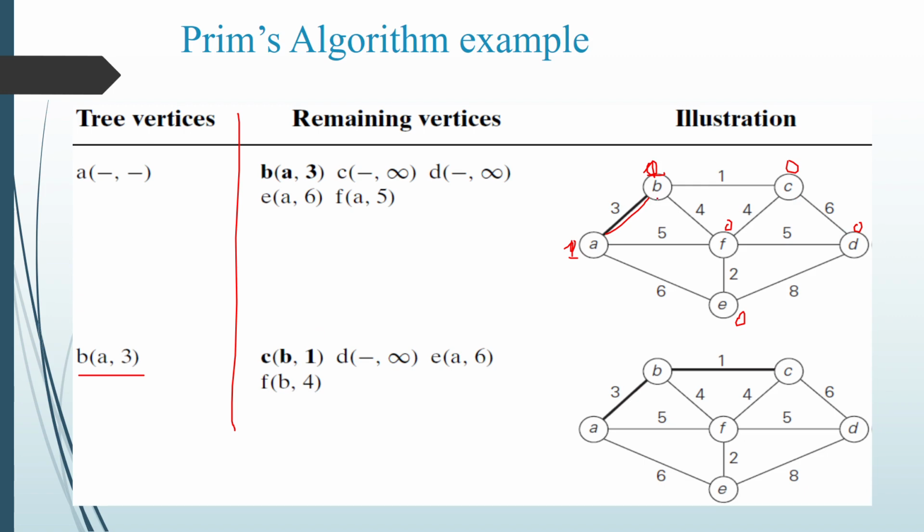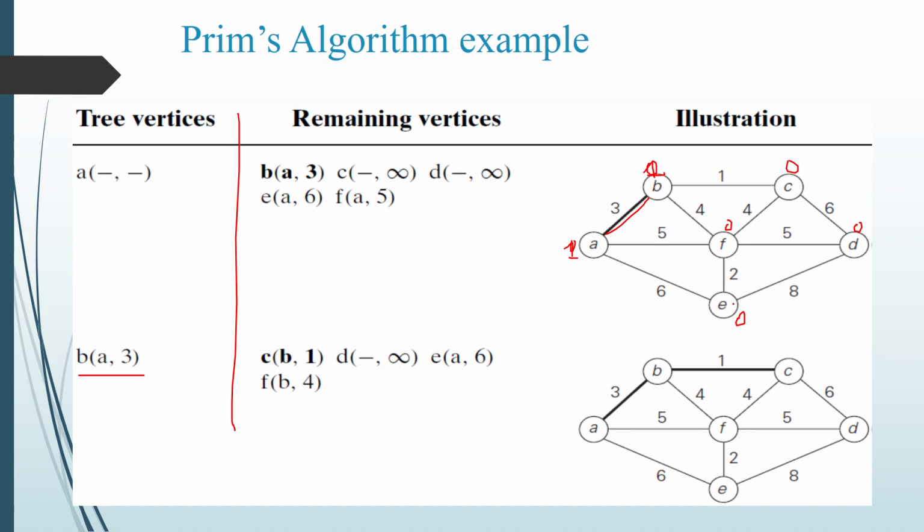Next D. Is it adjacent to visited vertices? The visited vertices are B and A. Now this D is not adjacent to B and it is not adjacent to A. Adjacent means, as I told earlier, a direct edge from D to A, no. D to B, no. So that's why you take this one as dash and infinity.